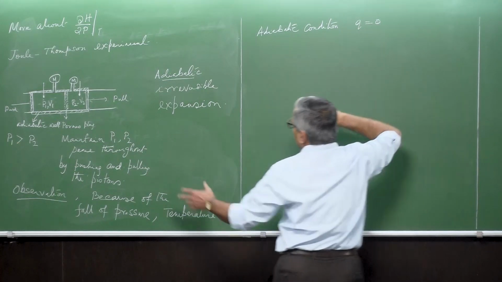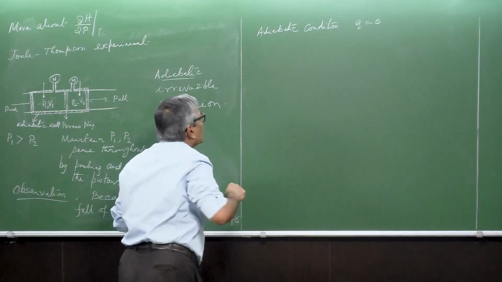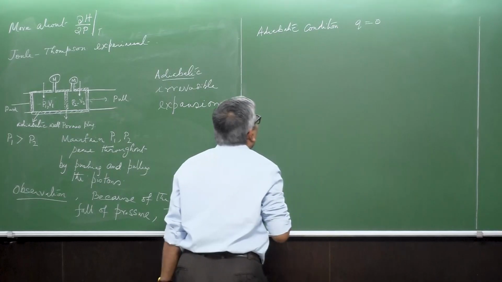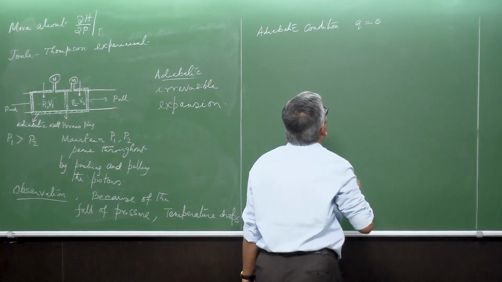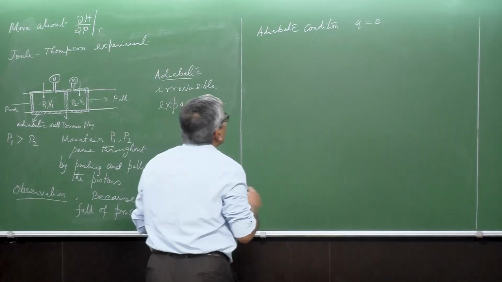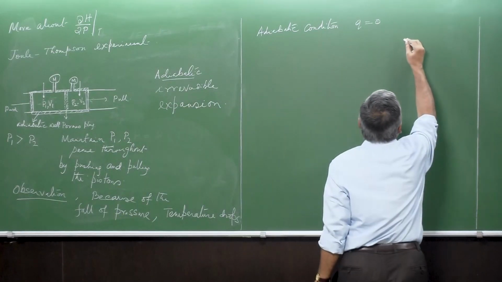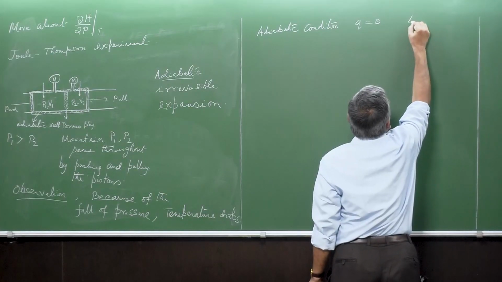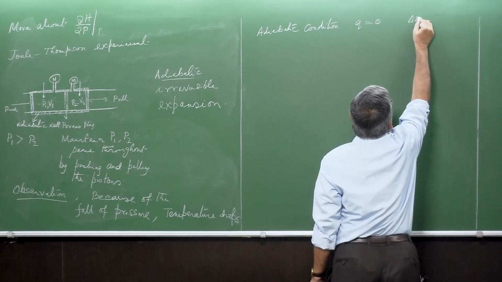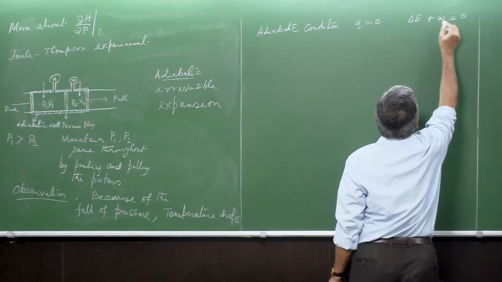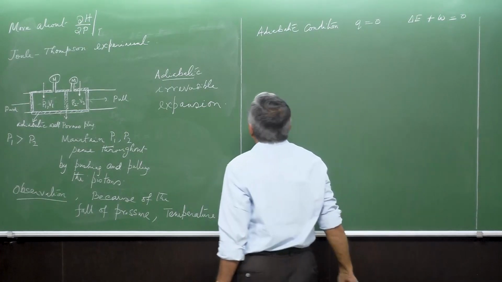That is, no heat has entered or come out of the system, and we have to work only with internal energy and work. So delta E plus W is equal to 0, because Q is equal to 0.